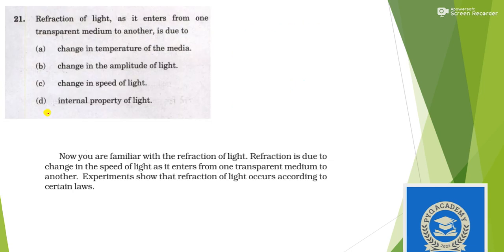Refraction of light as it enters from one transparent medium to another transparent medium is due to... The question is asking about the reason of refraction. That means when a ray of light is changing, suppose from air to water, rather than going straight, it will bend a little bit towards the normal. So why this bending?